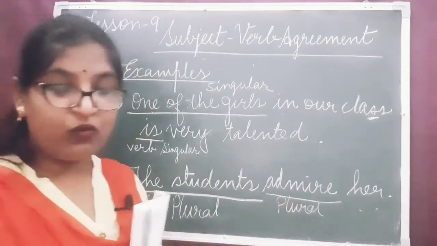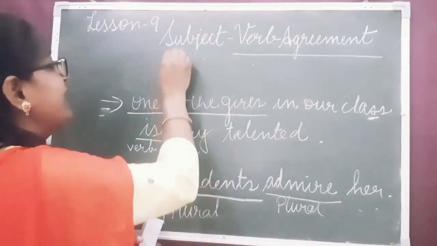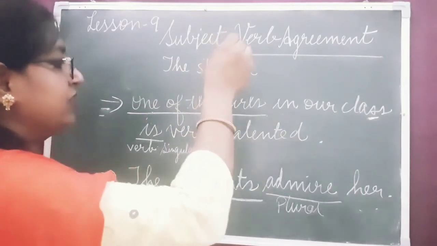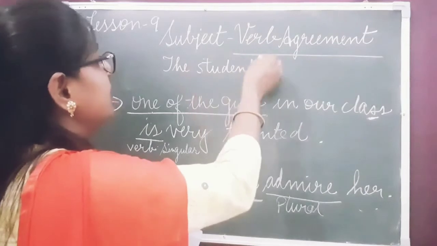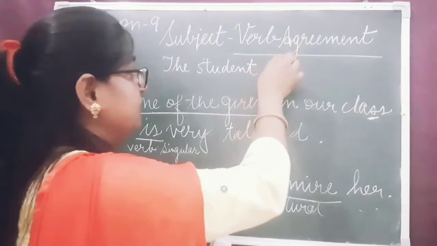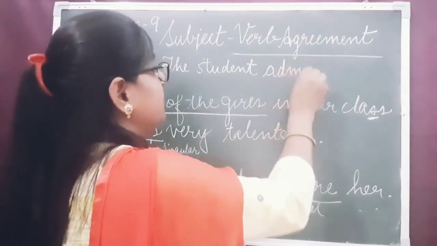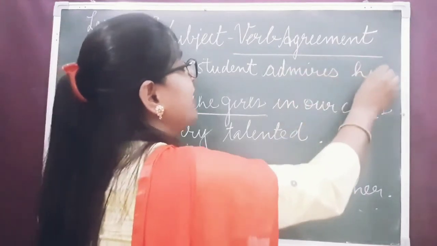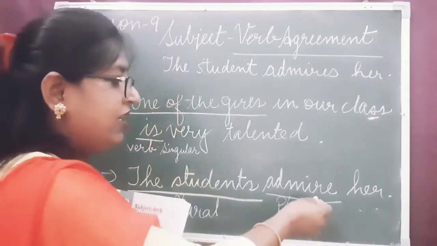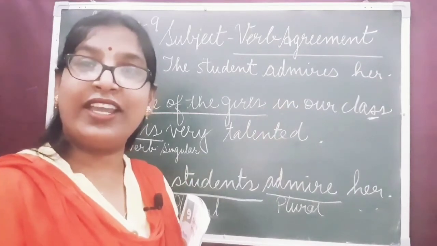Dear children, if I write one more example here on the board, the student admires her. Here you can see s is not used, and here you can see s is used. Why?